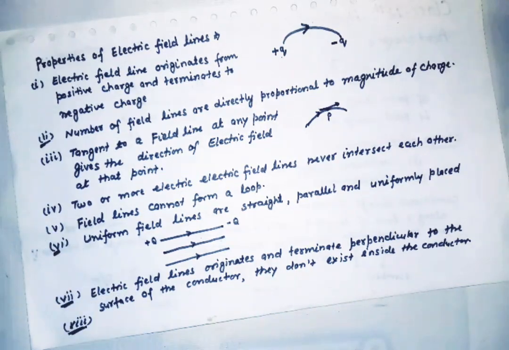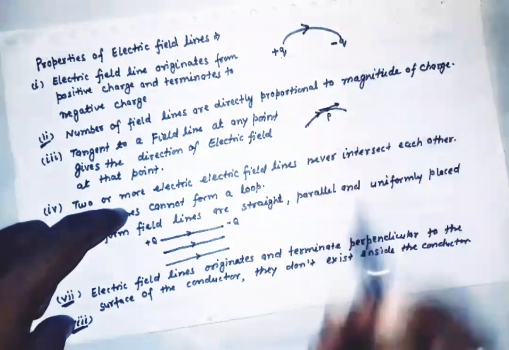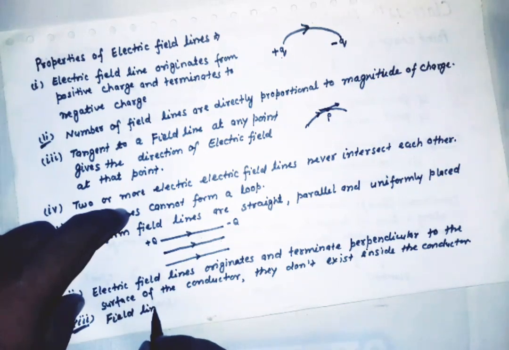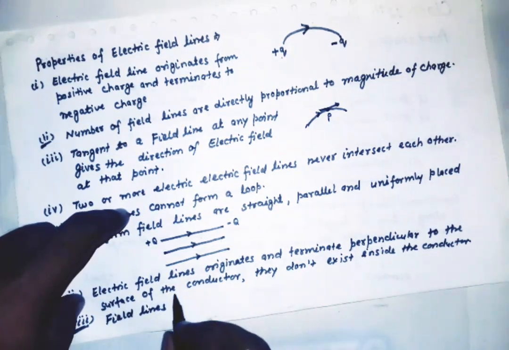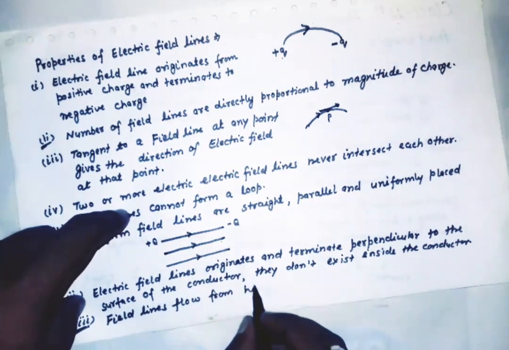Field lines always flow from high potential to lower potential. That is already illustrated, positive to negative. So field lines flow from higher potential to lower potential.